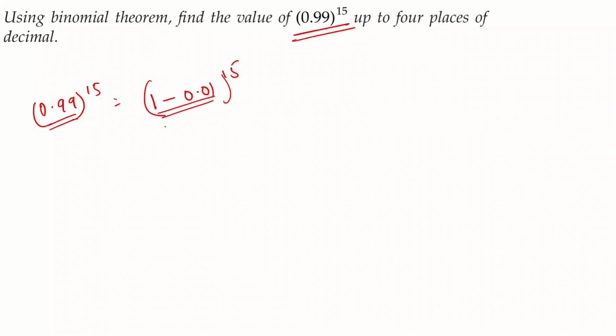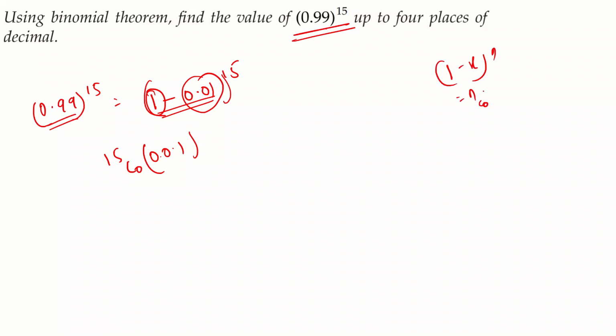Now we have to apply the formula. Think of this as A and this as B. Sorry, I forgot the formula. What was the formula for (1 - x)^n?